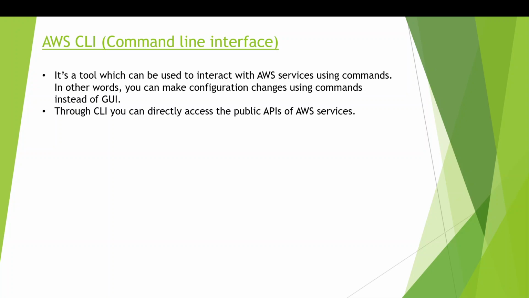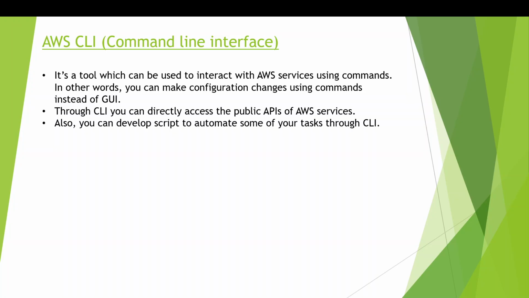The second thing is that through the CLI, we can directly access the public APIs of AWS services. If you're not aware of APIs for now, that's fine. We'll get into detail in upcoming videos. Also, you can develop a script to automate some of your tasks through the CLI.